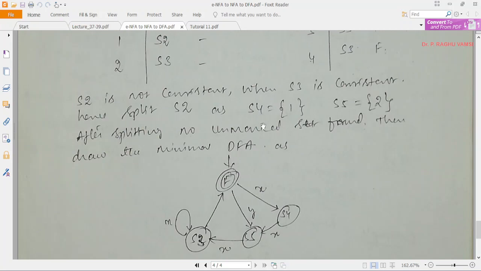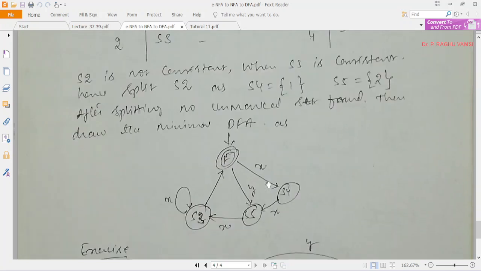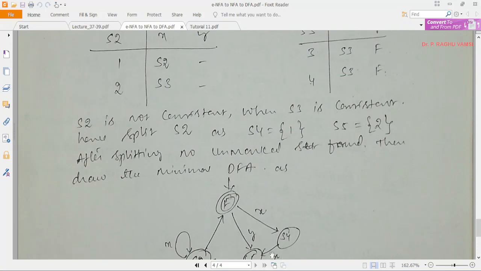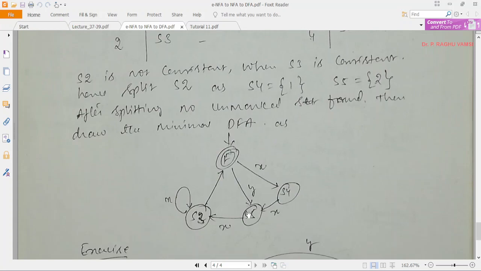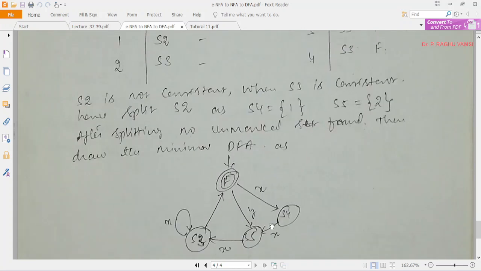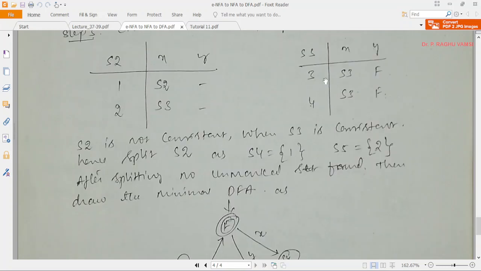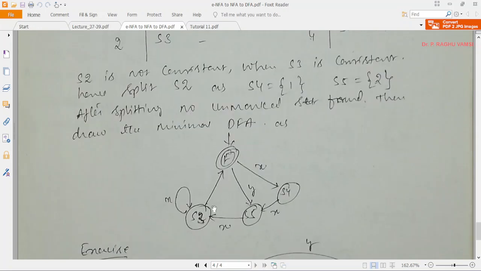Now upon S4, if you provide X as the input, then it results into S5. Here S3 is also there. On S3, if you provide X, then it goes into S3 itself.